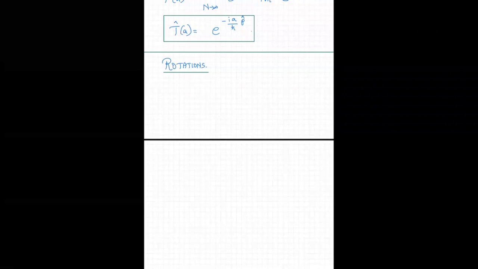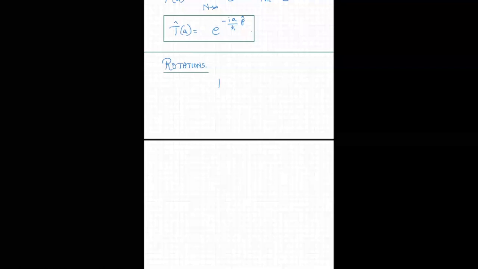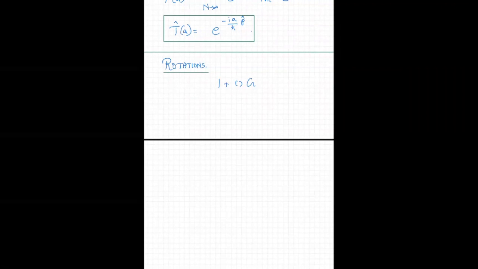But whatever you do, again, notice that this is also a continuous transformation. So I'm going to write the infinitesimal transformation as something times a small parameter times some generator. Okay. Now, in the case of translation, this small parameter was some epsilon, and this generator was p hat. But in the case of rotations, things are going to become slightly trickier, but the format is going to be exactly the same.